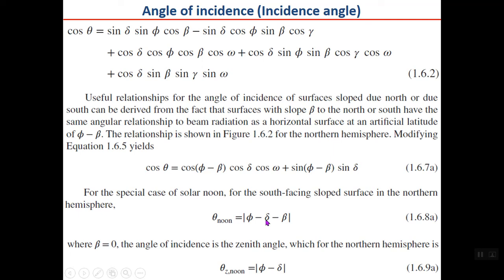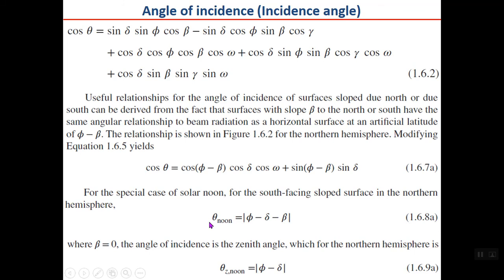Put here beta, for this day, for example 25th or 26th of June, you may calculate delta, and the value of phi depends on the location, for example Baghdad, Berlin, Tehran, or any other place. And then you can calculate the theta or incidence angle at noon on a surface at this location on this day, which is installed at an angle beta.